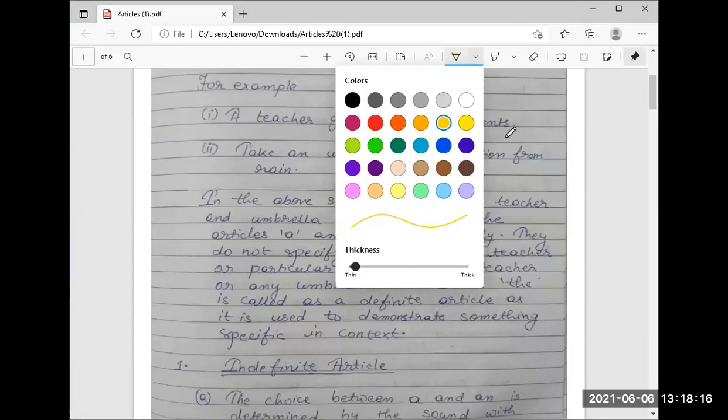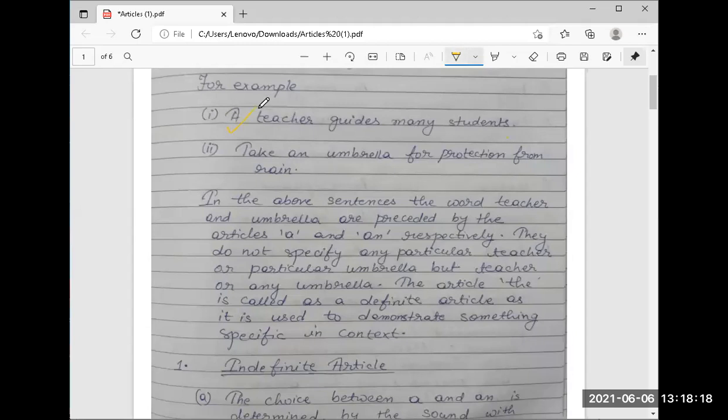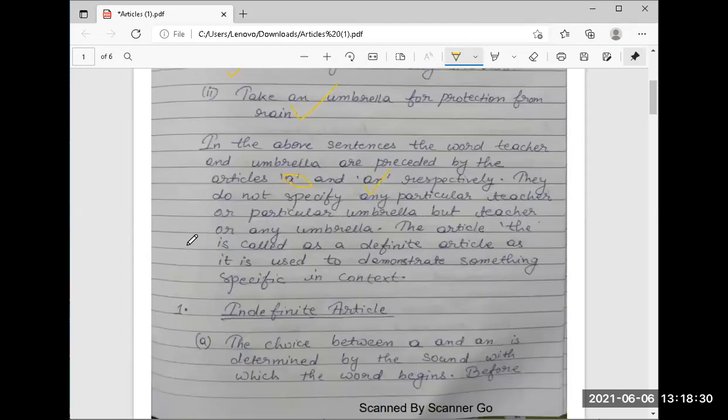A teacher, an umbrella. Here a came, and here an came, respectively. They do not specify any particular teacher or particular umbrella. Is there any kind of particular teacher? He is a chemistry teacher, he is a math teacher, he is a physics teacher.